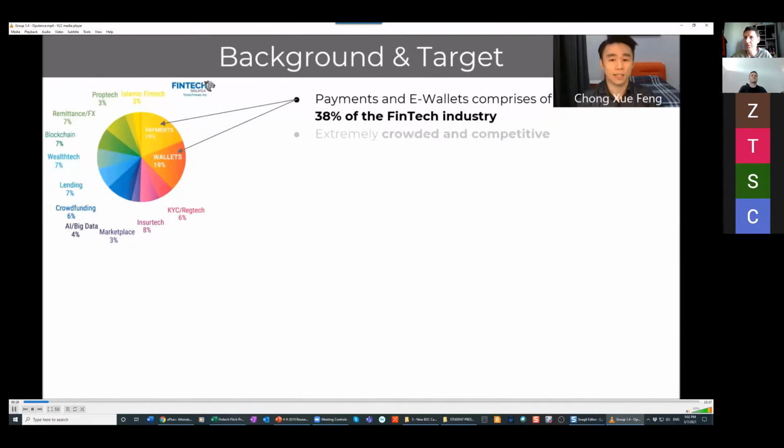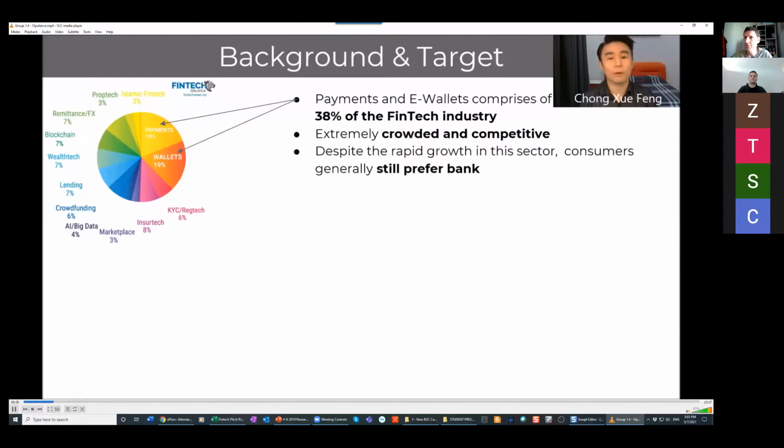This means that the market is extremely crowded and competitive, and many of them are offering very similar services. However, despite the rapid growth in this sector, consumers still prefer to use their bank cards, especially for larger transactions. Like how often do you see luxury products like LV being bought with Touch 'n Go or Grab? And so we had to think, why do consumers feel that way? Well, it's because people generally have more trust with banks with money.